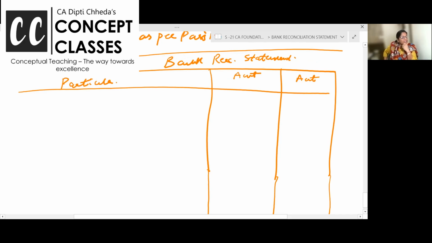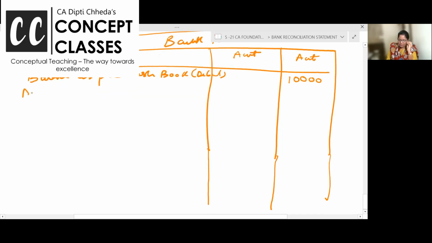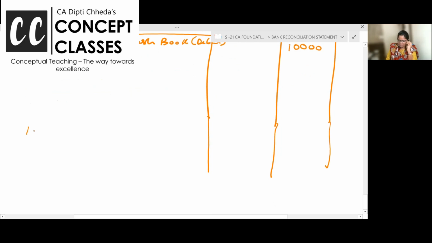Bank balance as per cash book is given. So it's a beautiful normal debit balance, 10,000. Balance as per cash book. Bracket debit balance. Sum add less. Okay? Just 2 minutes.